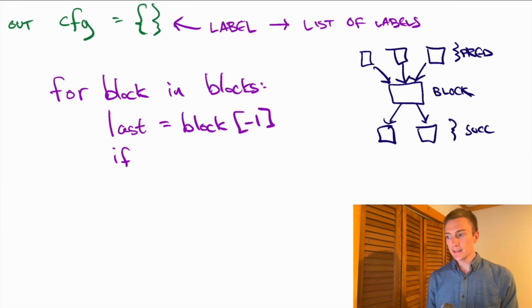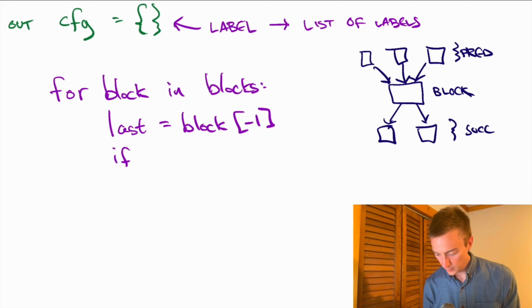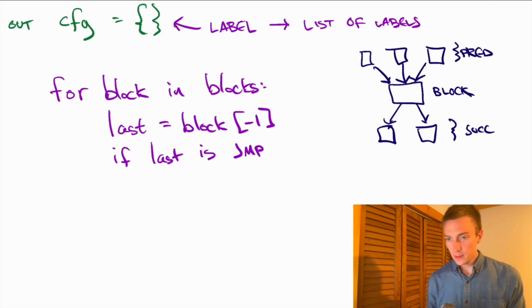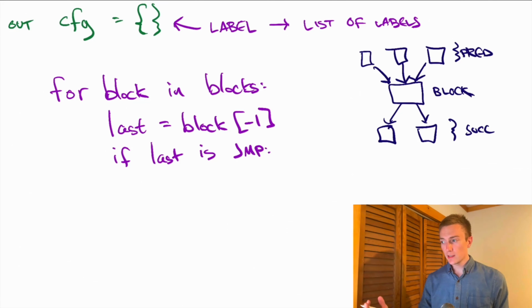I'm going to divide into three cases. The instruction might be, actually, let's do jump first. So if it's a jump instruction, jump instructions only have one destination. That is, there's only one successor of this block.